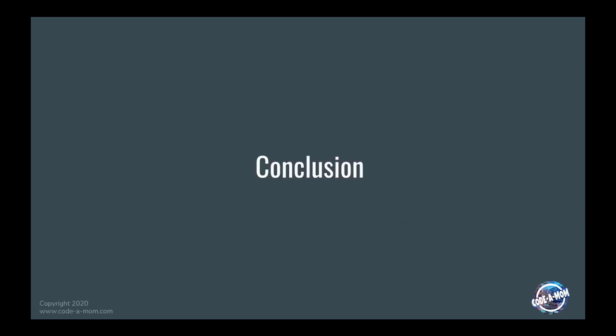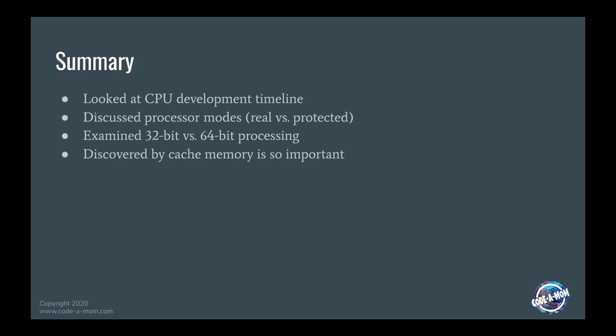And so that's about it for this video. I didn't want to get really technical into it. This is really just a high-level introduction to how CPUs work, not even looking at what programmers care about in terms of the registers and the ALU and things like that. This is really just how do processors work, what's the timeline of creation of these, just giving you a feeling of why they're important and how things have changed.